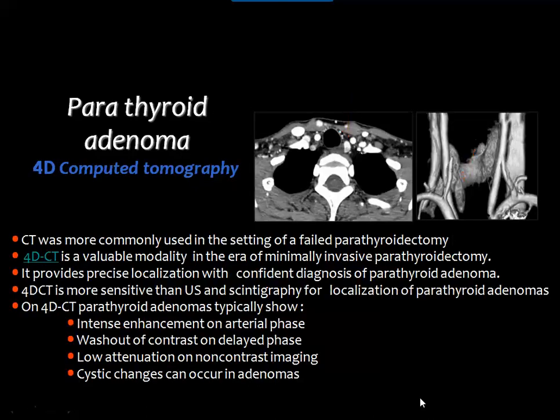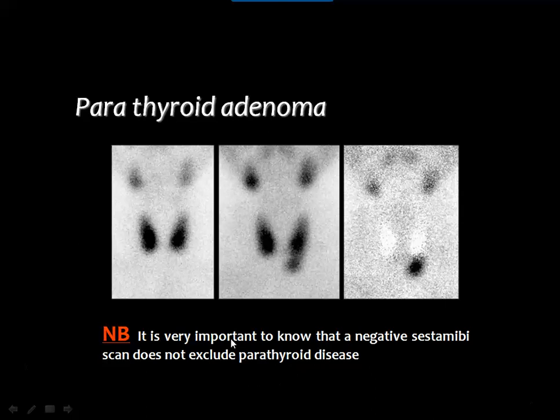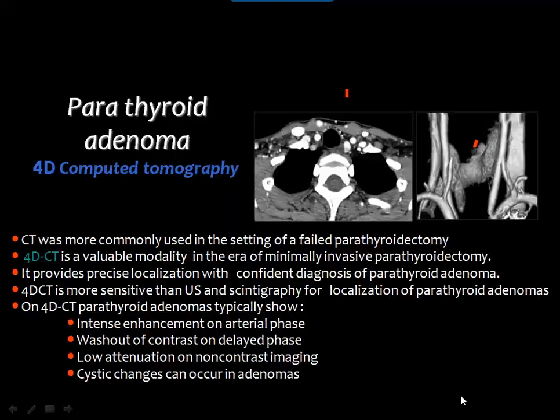One of the important issues to remember is that a negative sestamibi scan does not exclude parathyroid disease, because if the adenoma is small or if there is hyperplasia, you may fail to detect the adenoma.